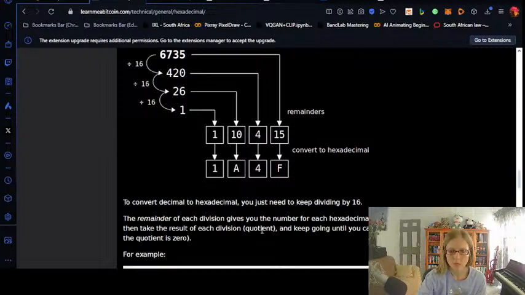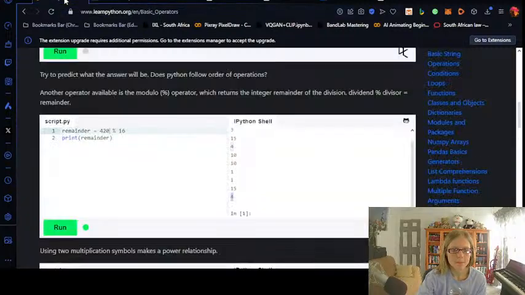It's 4. If we say 420 divided by 16, we can see that it goes in a whole 26 times. So that's our 26 there.